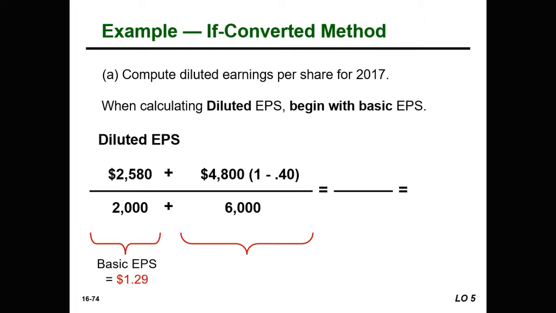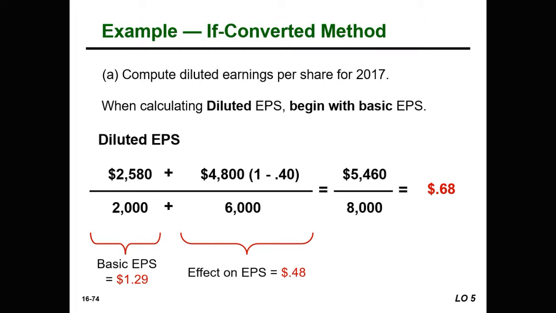And add the 6,000 shares, the assumption of conversion at the beginning of the year. We have an effect on EPS of 48 cents. Our total is now 5,460 divided by 8,000, or 68 cents for diluted EPS.